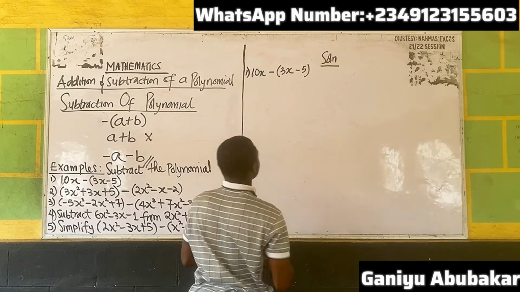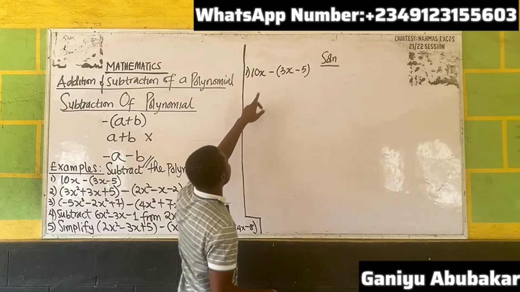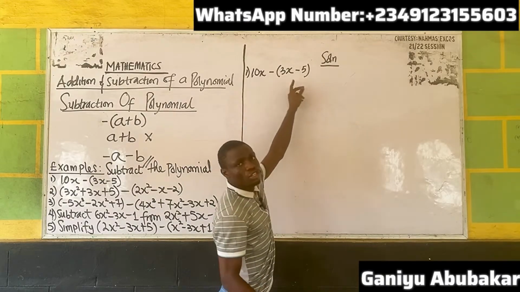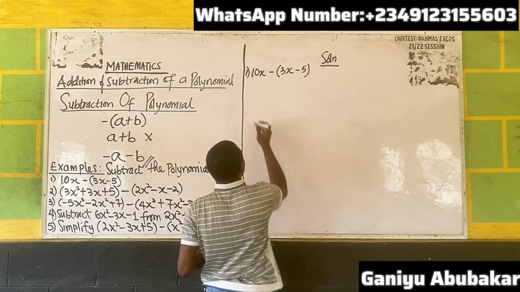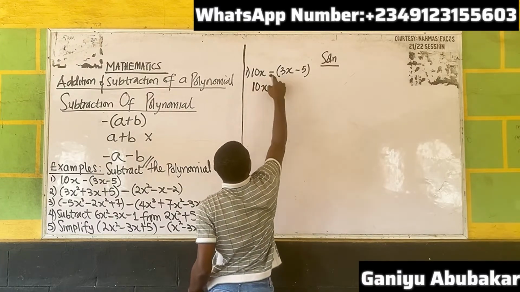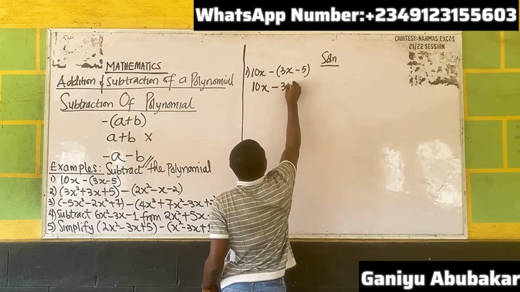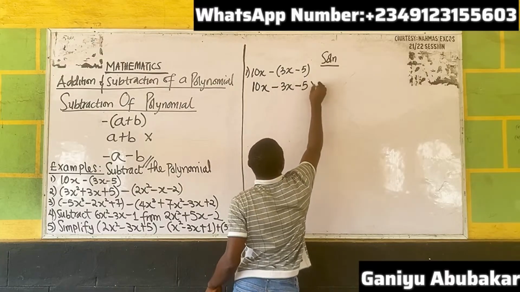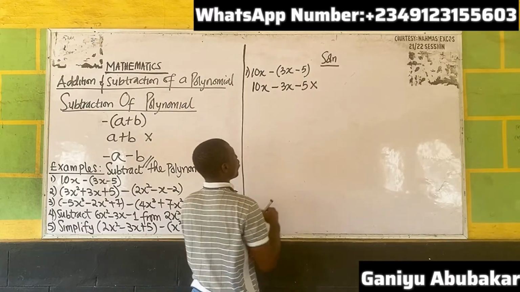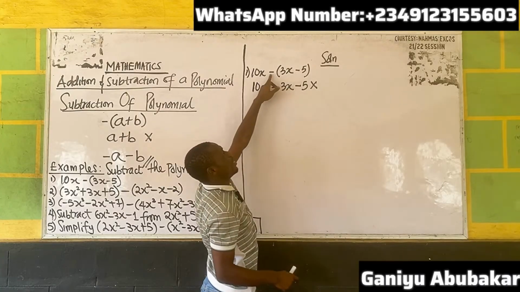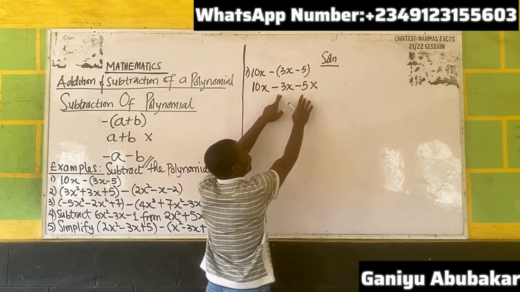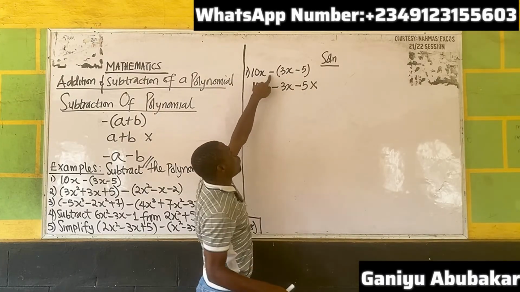First things first, we said when it comes to a negative in front of a bracket, use it to expand. If I come and say this is 10x, this is minus 3x minus 5, this is wrong. Why? Because I repeated this back. If there was plus here, I can do what I just did, but it's a negative sign, so the negative will affect the bracket.